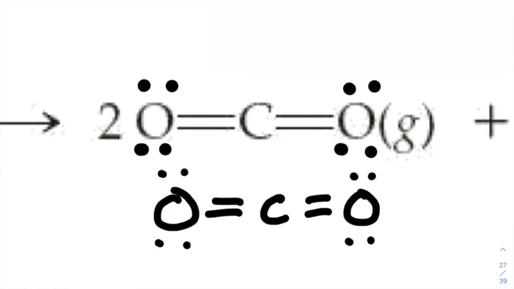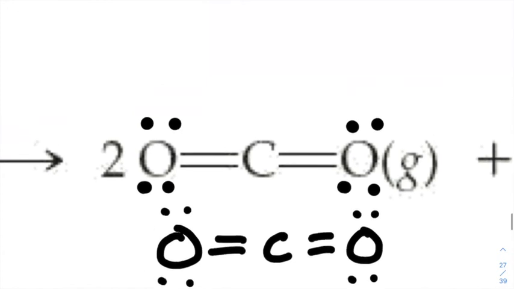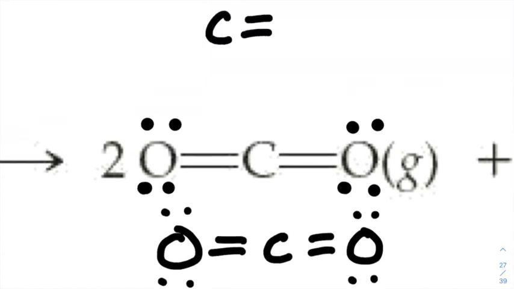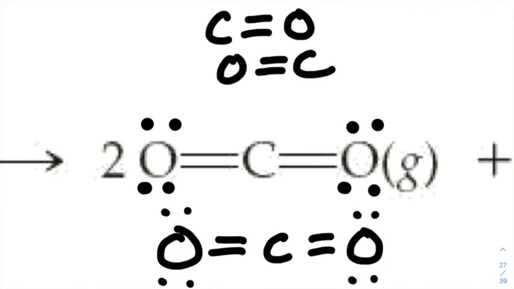Now in terms of chemical bonds, it doesn't matter whether it's OC or CO. I'm going to write it as carbon double bond oxygen, but it could have been oxygen double bond carbon. The idea is it's a double bond and on one side there's an oxygen, the other side there's a carbon. If you prefer oxygen carbon, perfectly fine.